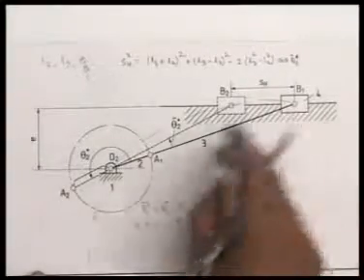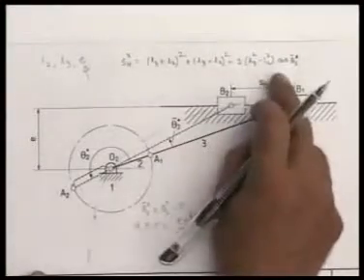Applying the simple cosine law for the triangle O2, B1, B2, I get this equation.